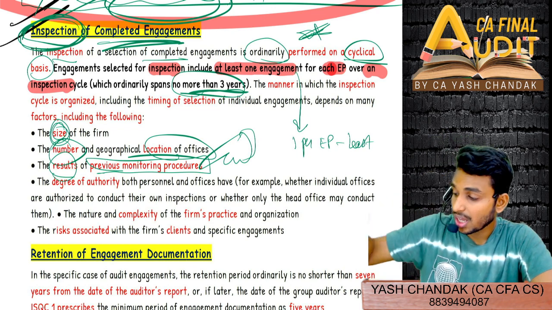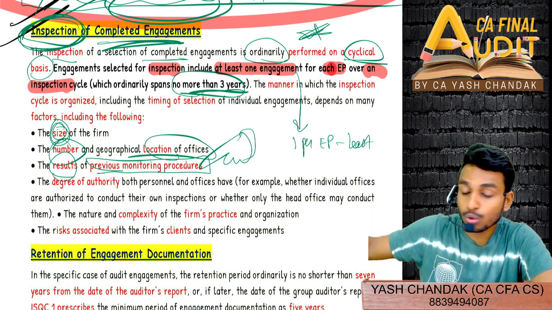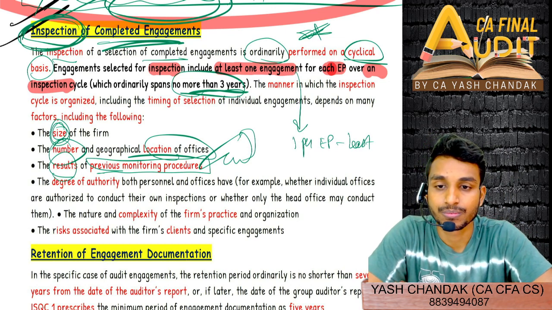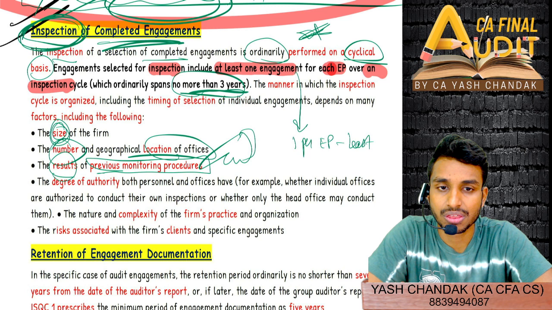I was asking, can we select more than 3 audit engagements for quality review? No, sir. Yes. No. Yes. When? When adverse findings have been made in the previous quality review.